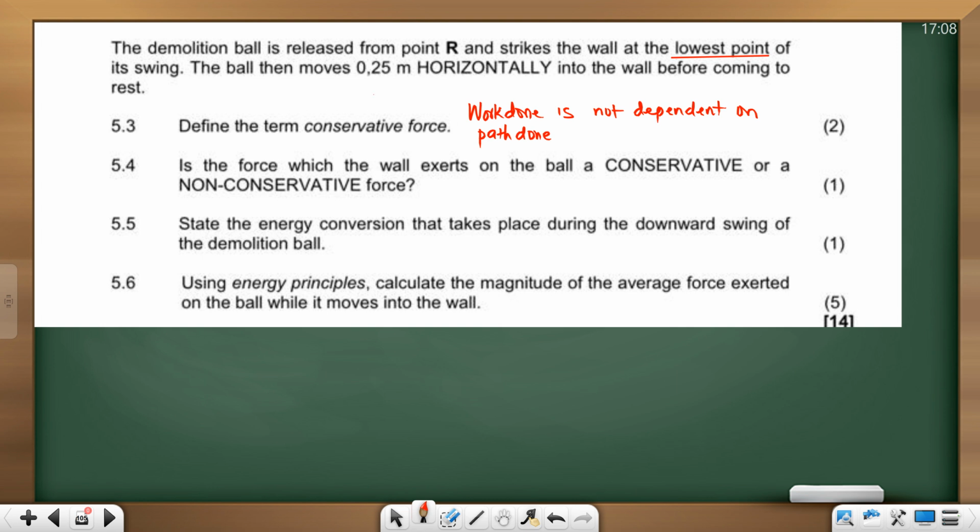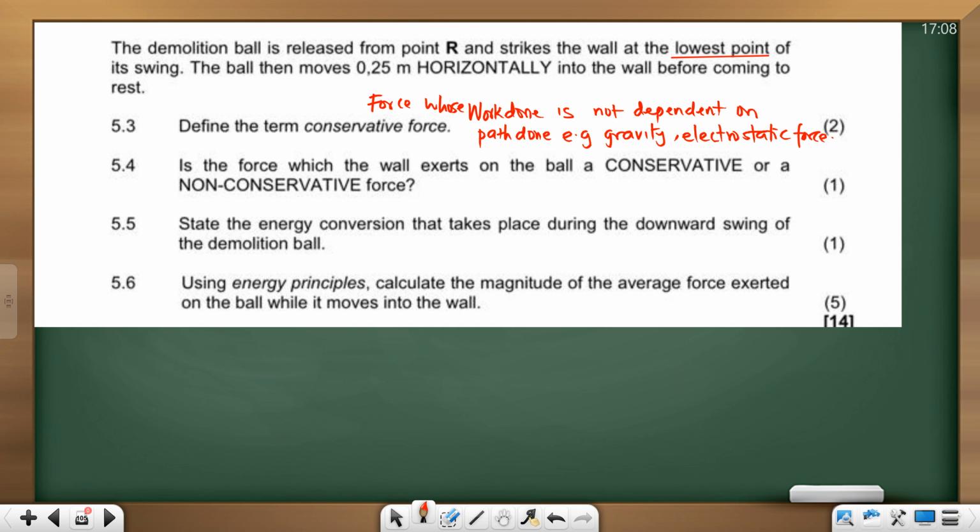So a force whose work done is not dependent on path taken. And what's your example? E.g., gravity, electrostatic force. Those are not dependent.